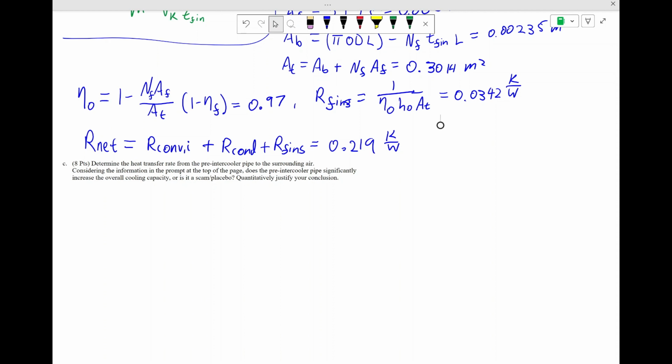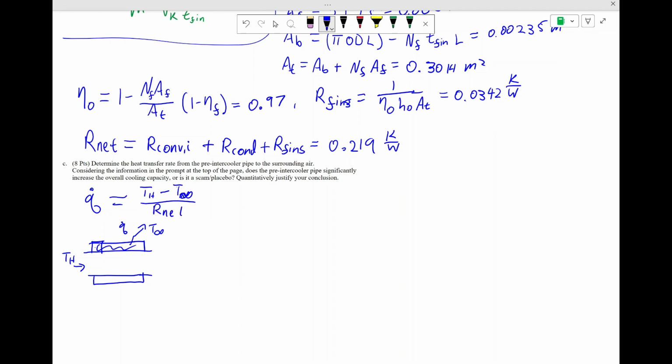So in this case, if we don't consider the temperature variation of the air going through the pipe, we could say, if this is the pre-intercooler pipe, and we've got the air coming in at TH, and there are these fins on the outside of this pipe, and there's some Q dot going to the surrounding air at T infinity, that the Q dot is just going to be, at the most, at least, TH minus T infinity over that R net. And here that works out to 571 watts.